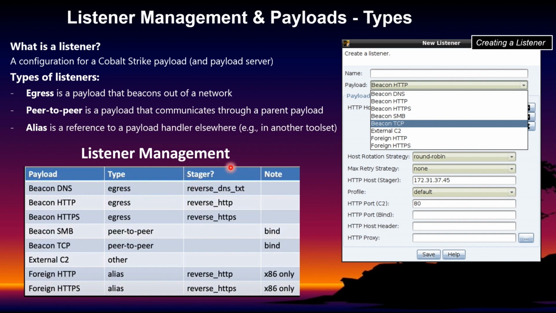We have a stager as well. We'll explain in detail the different payloads, staged and stageless. But basically, a stager is an optional beacon payload. So if you want, you might not use it.